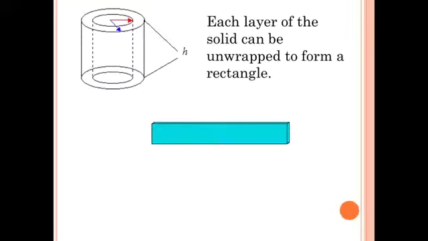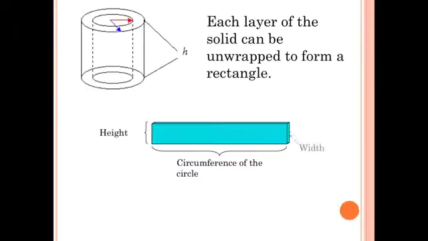The height we can call the height, but what would be the length of that rectangle? The circumference of whatever that shell was. So that's the circumference of the circle. We have the height, we have the width. So the volume of each one of these shells would be 2 pi r h times the width. The volume of the shell.